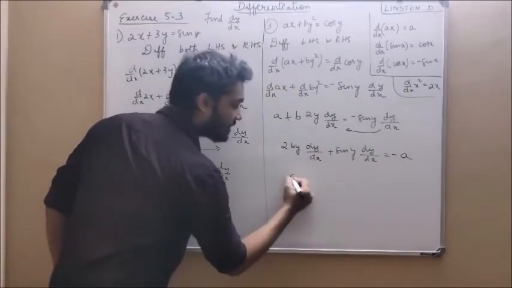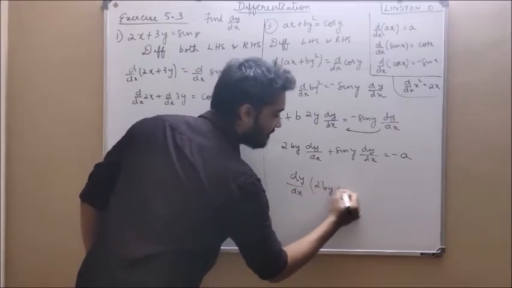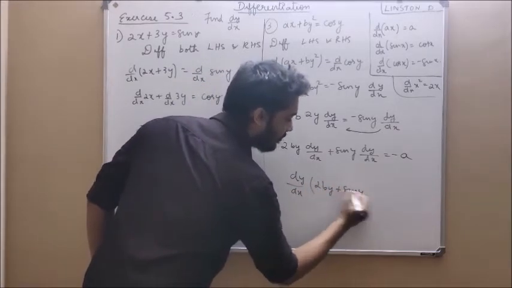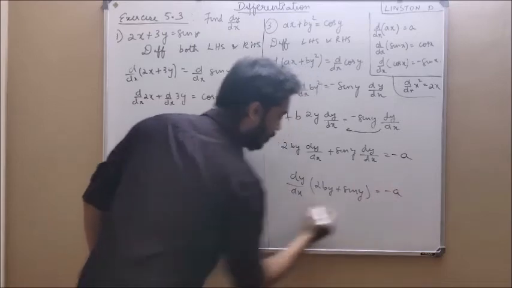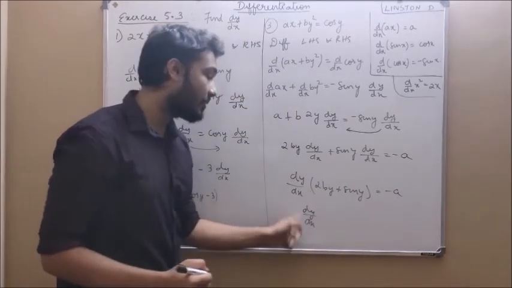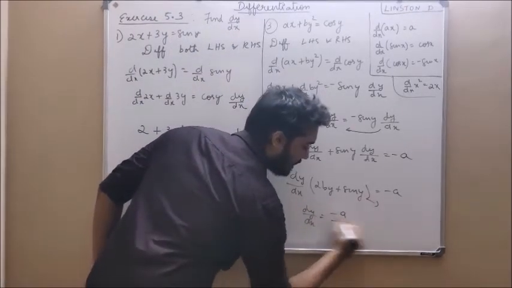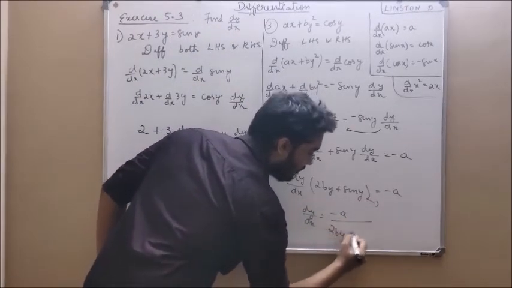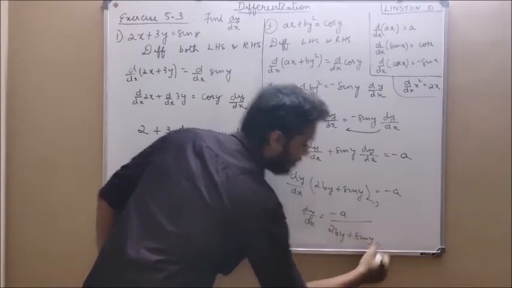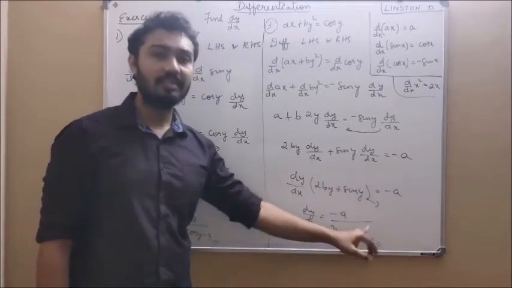Now take the dy by dx common, dy by dx into 2by plus sin y equal to minus a. So what is dy by dx? dy by dx is nothing but this should take down. So this is minus a divided by 2by plus sin y. So this is the answer. So dy by dx is minus a by 2by plus sin y.